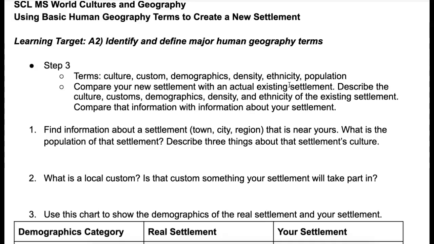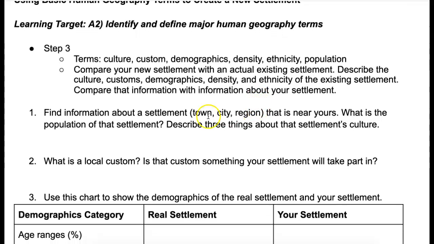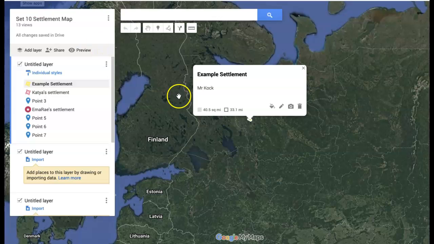So let's walk through this. First, you're going to find information about a settlement. It doesn't matter really what it is, but it's got to be close to where yours is. So to show what I mean by what I want you to do for number one, I'm going to use my example settlement that's here in the Set 10 settlement map.